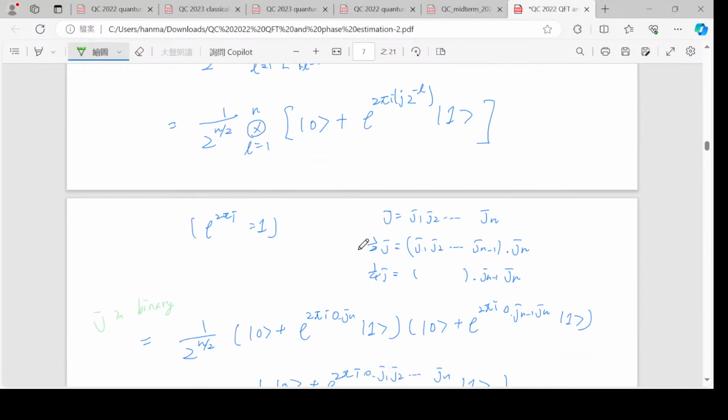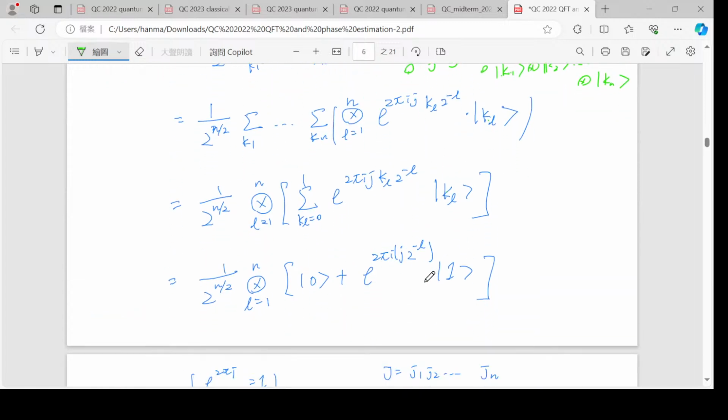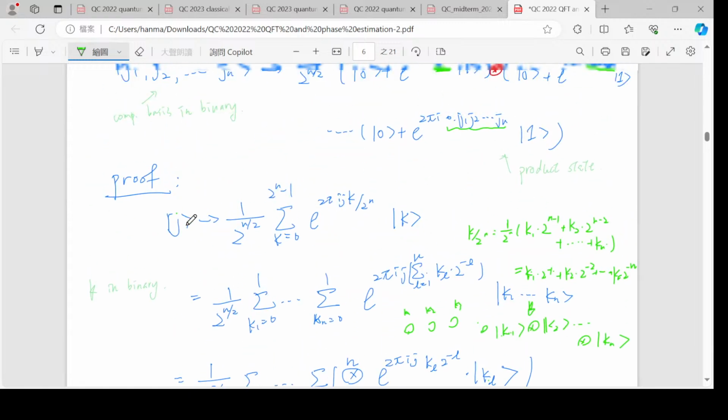The next thing we need to figure out is what is e to the 2 pi i j 2 to the minus L. e to the 2 pi i is a universal constant, and the only interesting thing here is j 2 to the minus L. So now it's time to remember what j is. j is our input. We have some j from 0 to big N minus 1, and it will become this state.